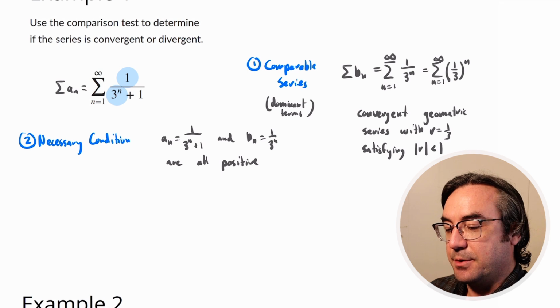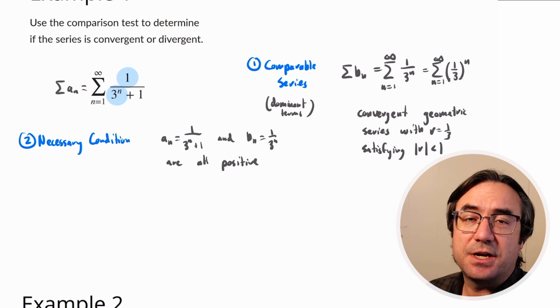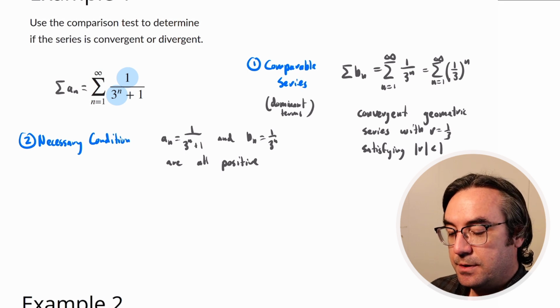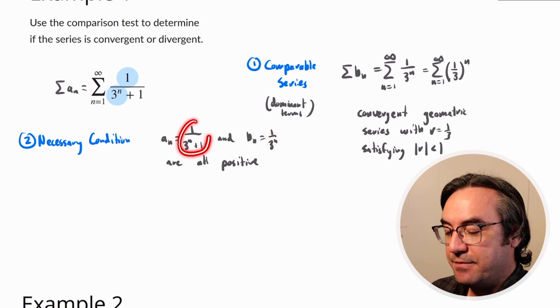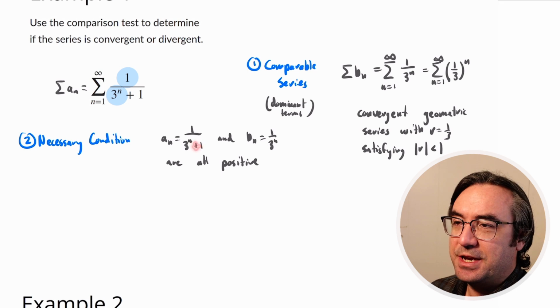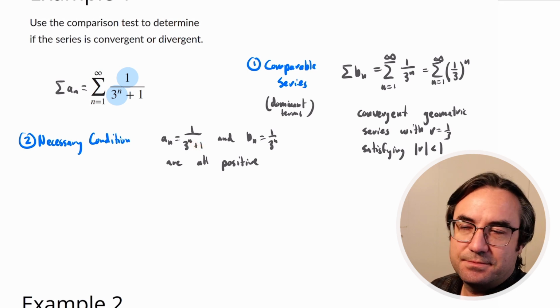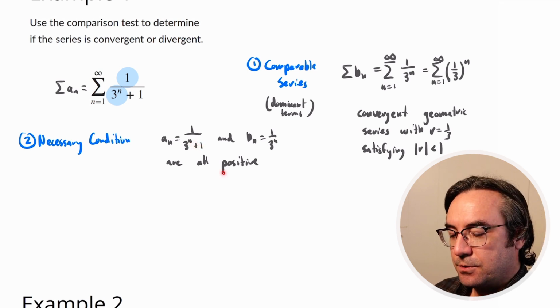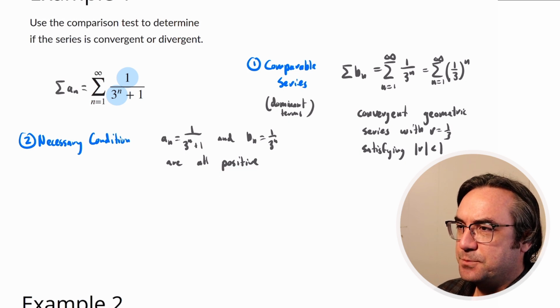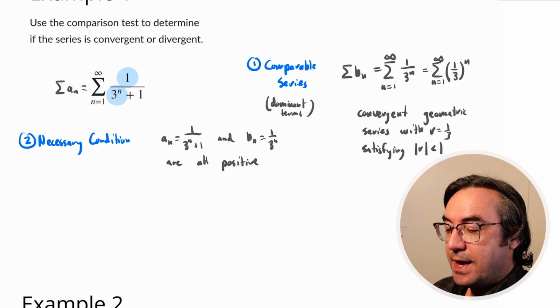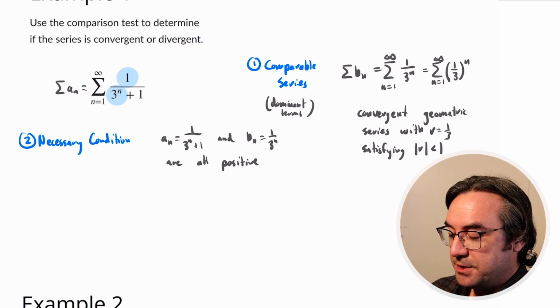These are all positive numbers, so we only have positive numbers in our list. Everything is positive here, everything is positive here, and we're doing addition, so it just keeps it positive. So these are all positive terms, and we do have to state that.